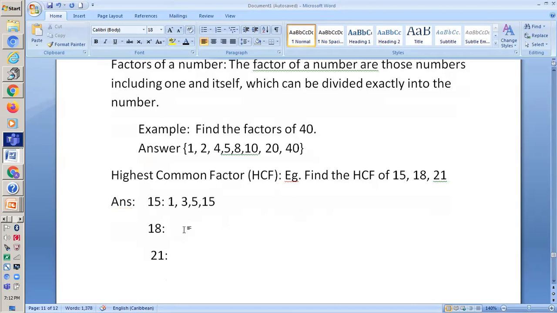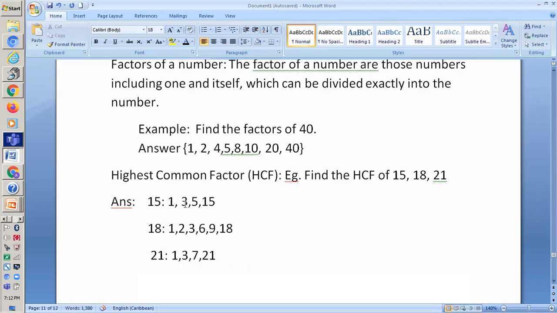What about 18? 1, 2, 3, 6, 9, 18. And 21 is 1, 3, 7, 21.